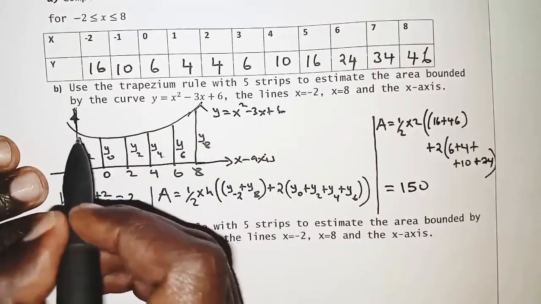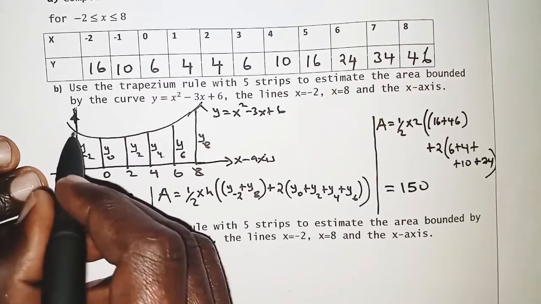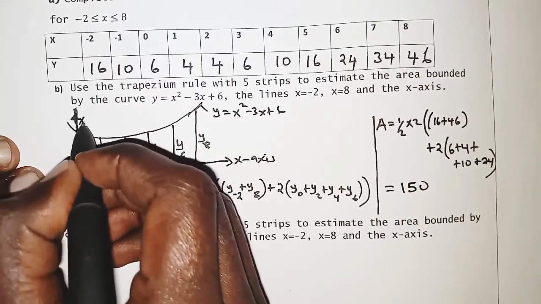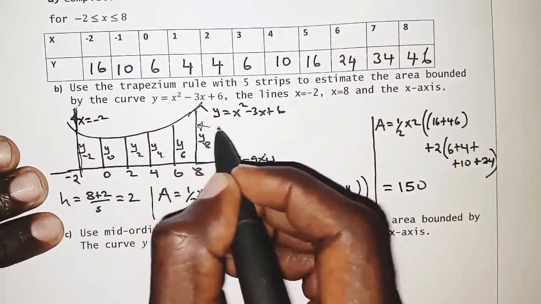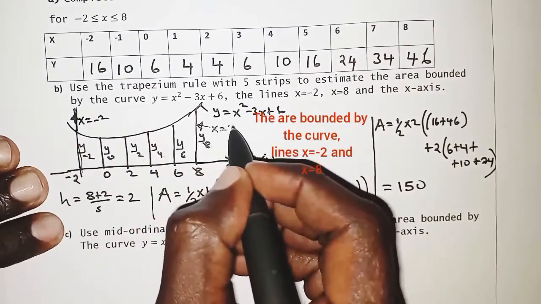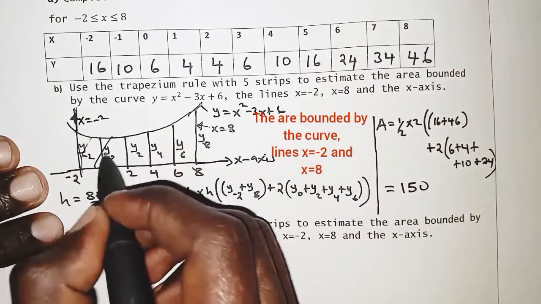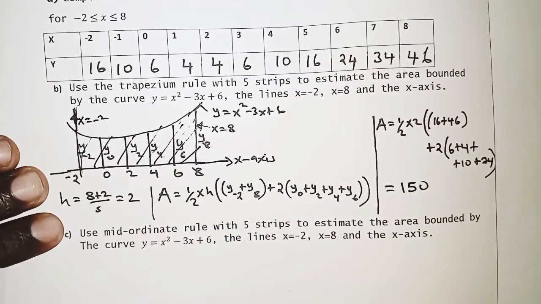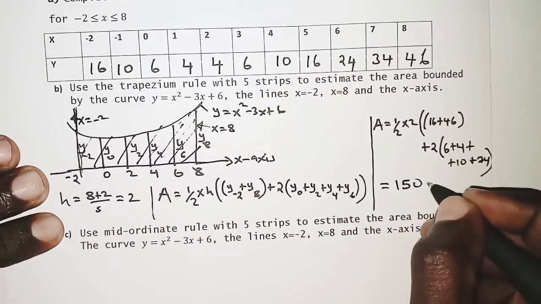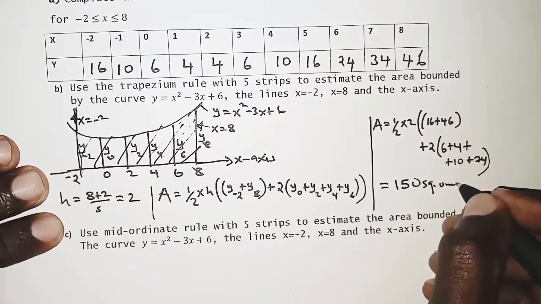And then we have the line x is negative 2 right here. And this line here was x is equal to 8. So the area bounded by the curves is this part I'm shading. And that is what we found its area to be, 150 square units.